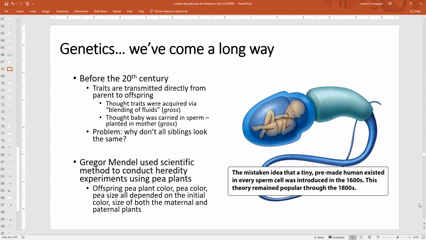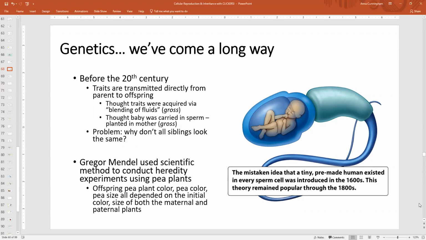But before Mendel did that, basically there were two major hypotheses as to how we inherited traits. And I giggle a lot because I think these are outrageous, but it makes sense that people believed it. So before Mendel came along, one of the first major hypotheses was that traits were acquired via the technical term of blending of fluids.